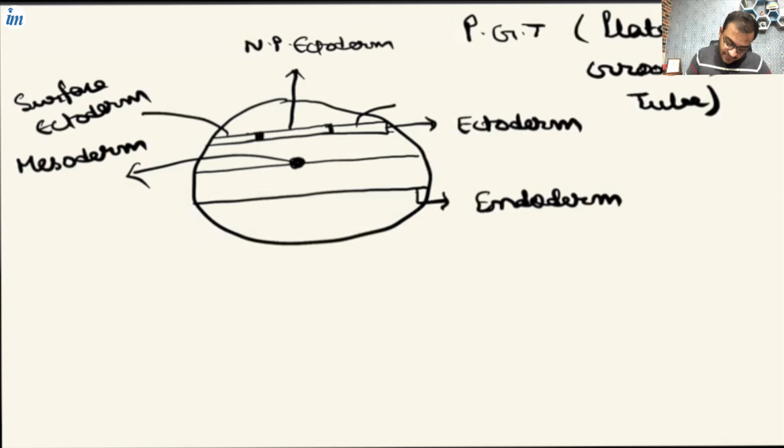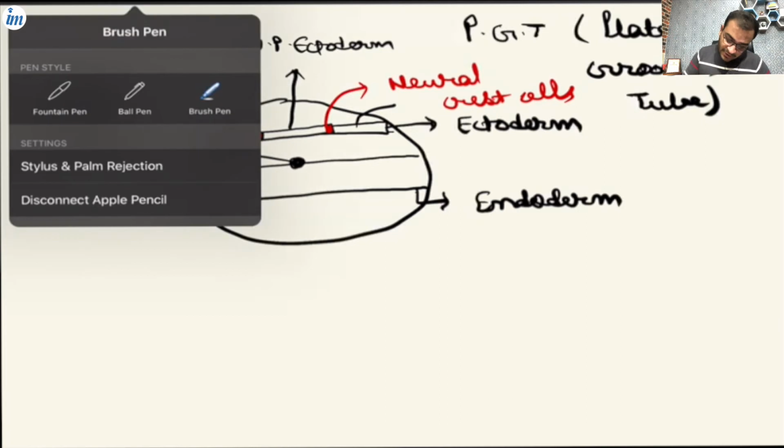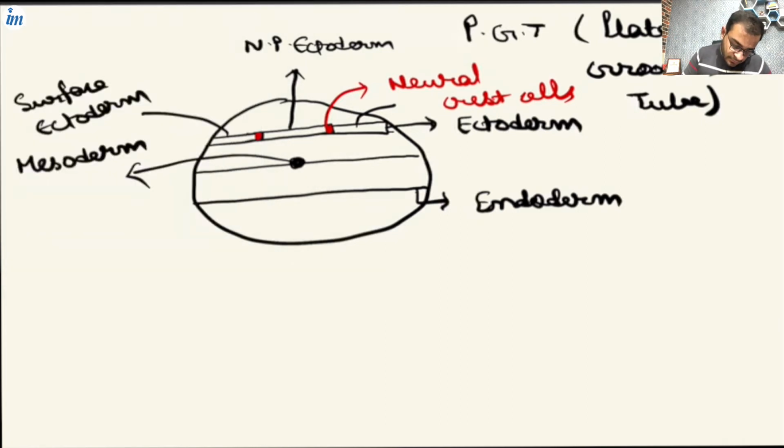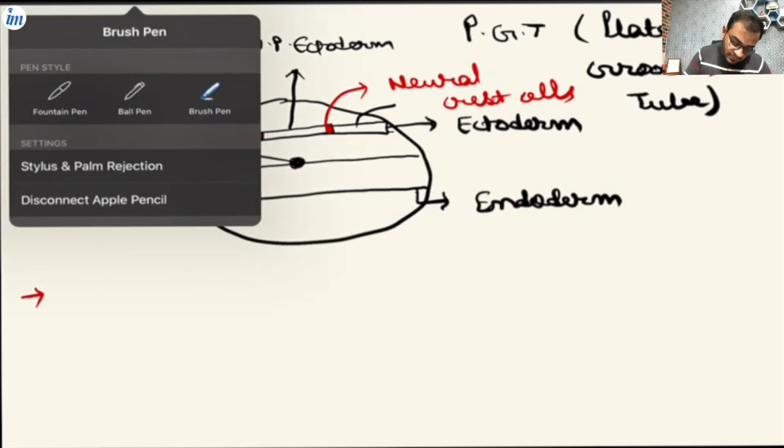In between these two, we have cells which are called the neural crest cells. Then from here we need to understand how it happens.